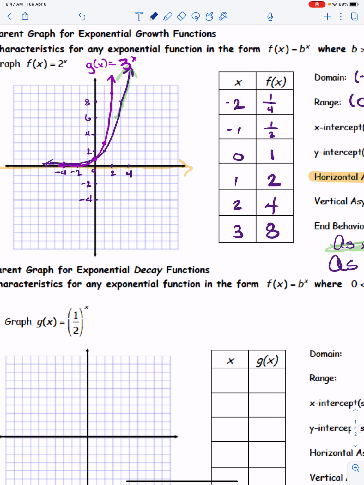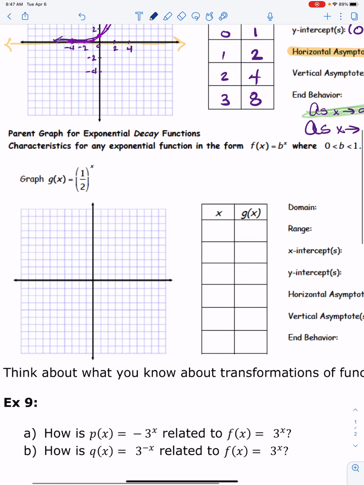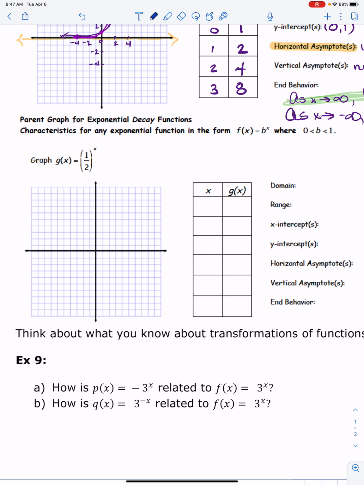So let's take a look at what happens when we have a decay function. And I am going to see if I can make this fairly consistent with what I had before. 1/2 squared, I'm going to start at the bottom, is 1/4. 1/2 to the first is 1/2. 1/2 to the 0 is 1. 1/2 to the negative 1 means we take the reciprocal, 2 over 1, raise that to the 1.